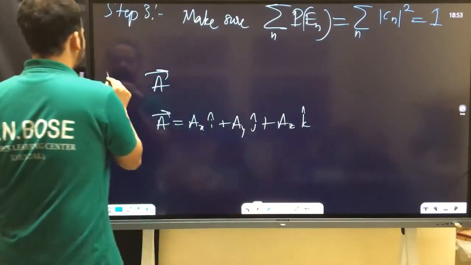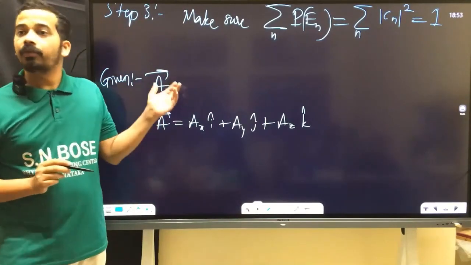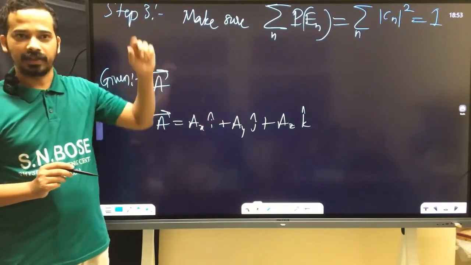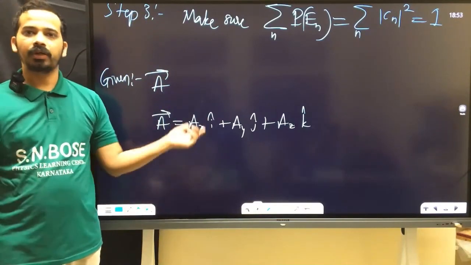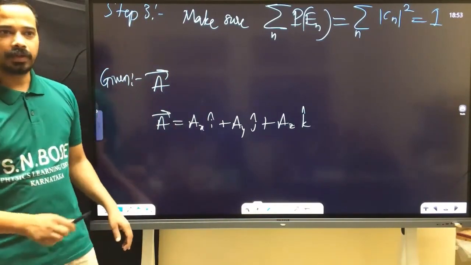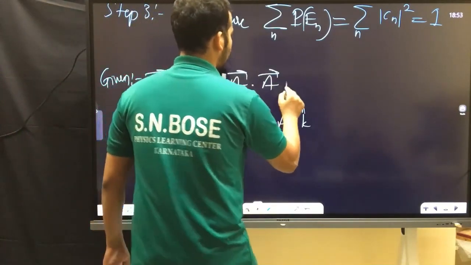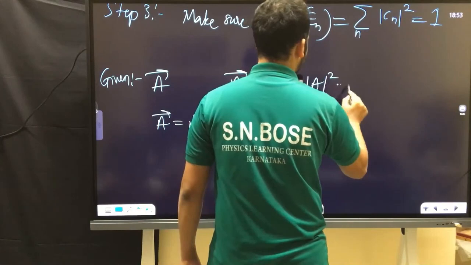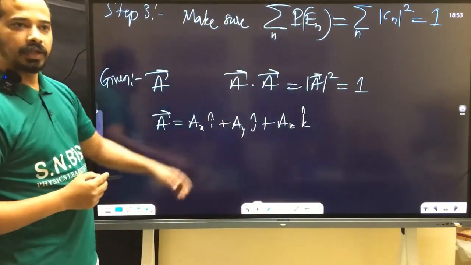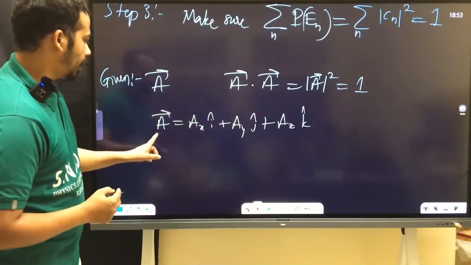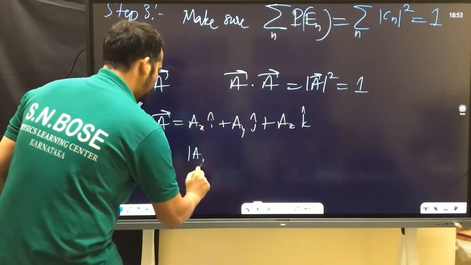Suppose a given vector is a unit vector, or you want to make it a unit vector. This is the normalization concept. A vector is characterized by direction; how do you make it a unit vector? By making sure that A dot A, or mod A square, is equal to 1. Once you expand this, the coefficients are mod ax square plus mod ay square plus mod az square equal to 1.